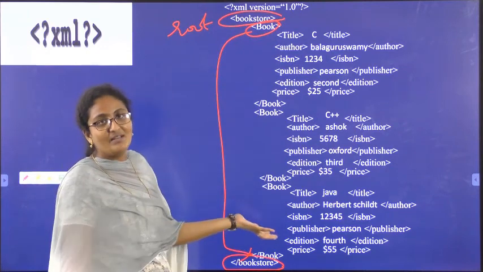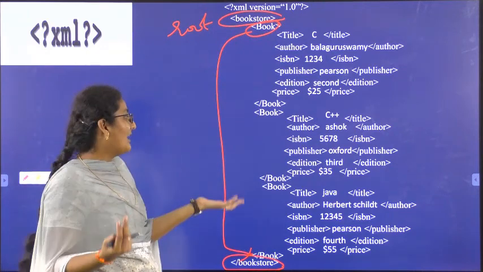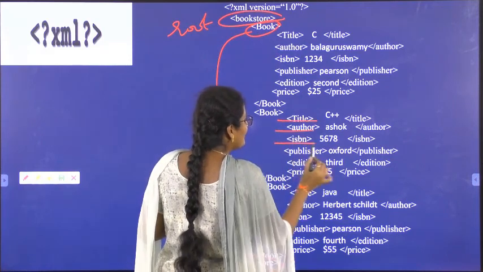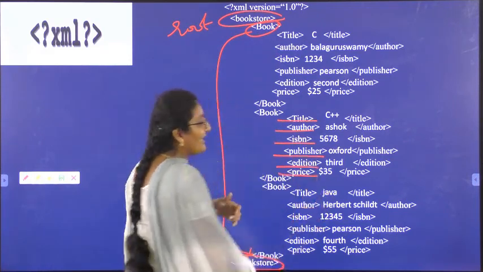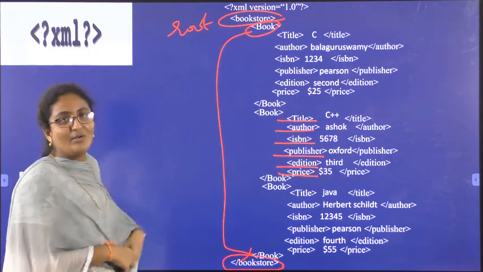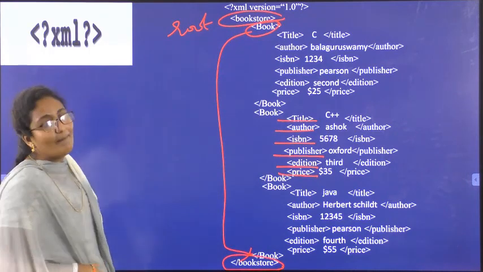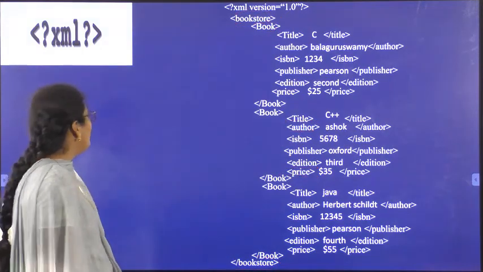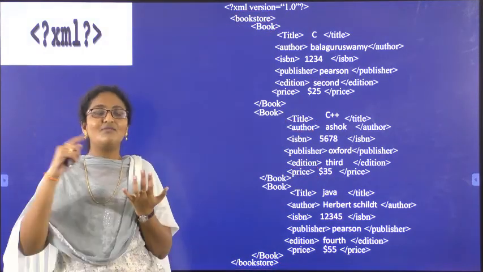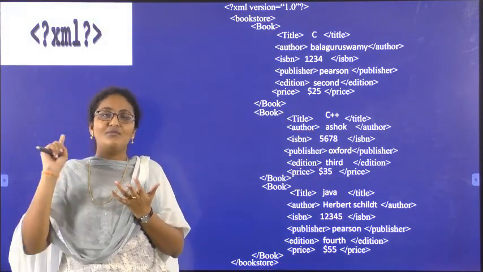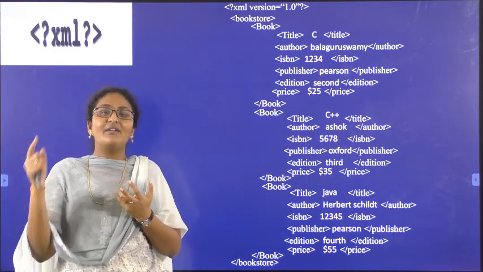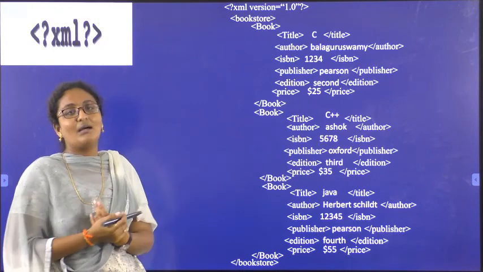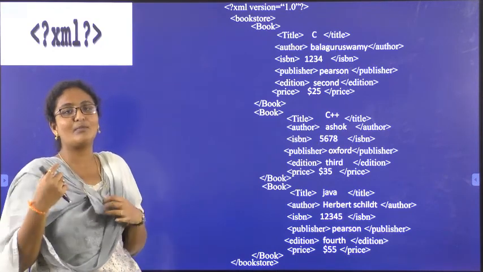Meanwhile, what tags will be there? Whatever the attributes are, those tags only will be there. So what are the attributes? Title, author, ISBN, publisher, edition, price are the attributes. So this is the example for library management system. So we have seen what is XML, and the structure of XML. Then we have seen how to write the XML file for a library management system or bookstore.